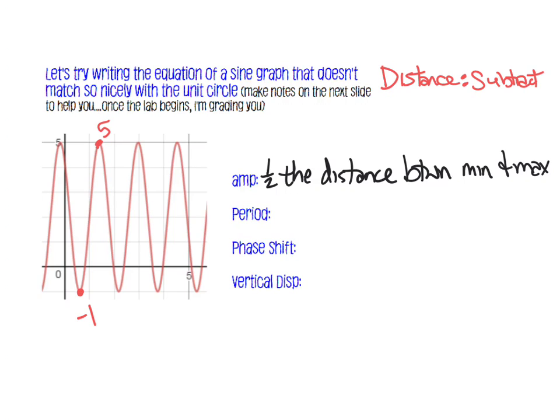If you take the high minus the low, so 5 minus -1, that would be a 6. And so that distance is 6, and half of that distance would be 3. That's a coincidence that the last one I had was that, but I just made those numbers up. But you can see right here is kind of the middle of the graph, right in through here. And I'm 3 up and 3 down, so it would make sense that 3 is my amplitude.